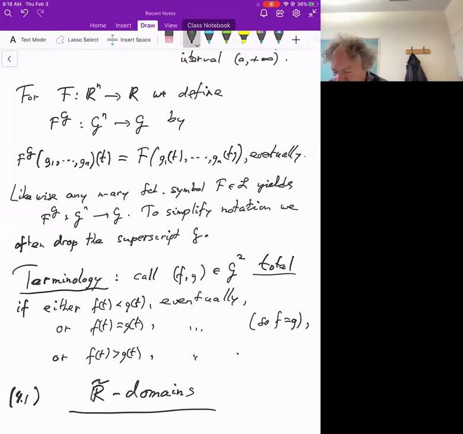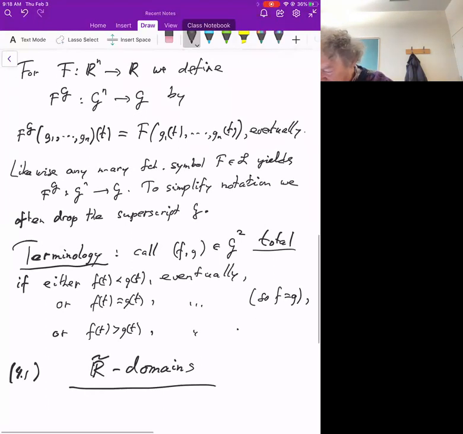In previous situations, I often wrote all this out explicitly, but now I'm just saying the pair F, G is total. You can think of it as totally ordered or something like that. If you have another terminology that you prefer, let me know. This is the best I could come up with, total.